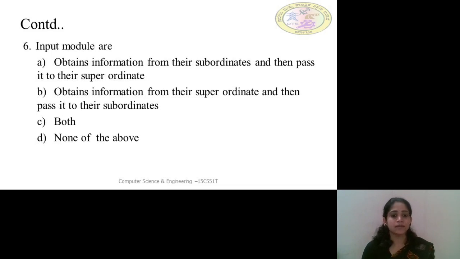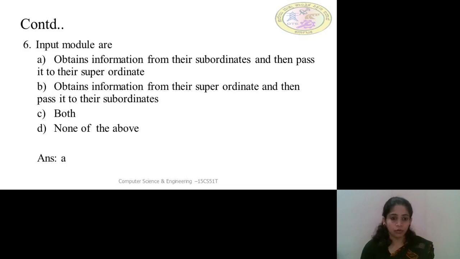Question number 6. Input modules: option A, obtains information from the subordinates and then passes it to their superordinate. Option B, obtains information from the superordinate and then passes it to their subordinates. Option C, both. Option D, none of the above.